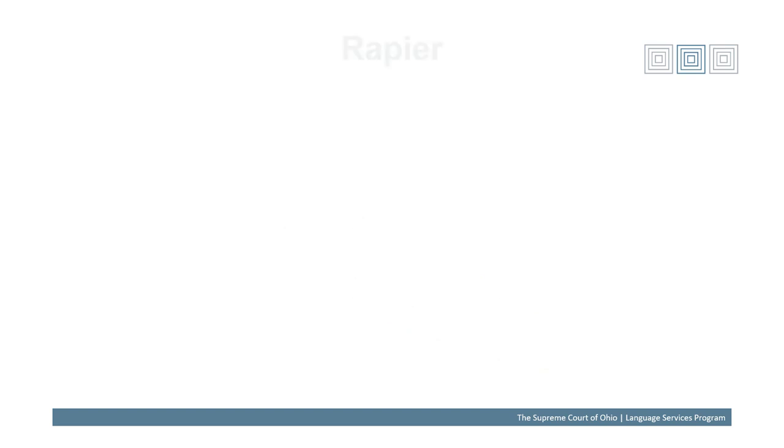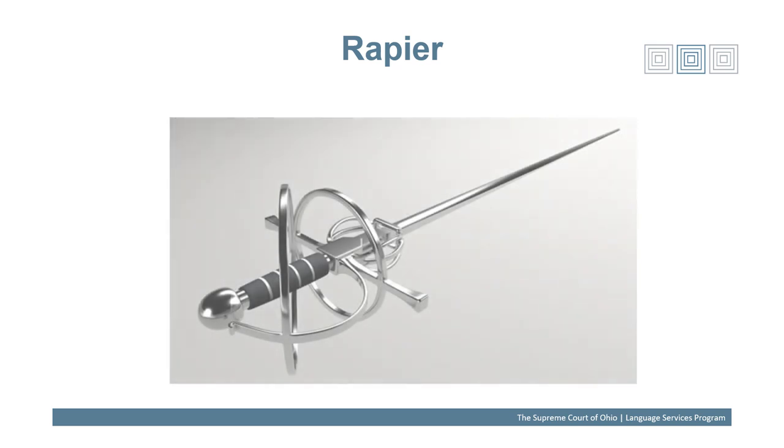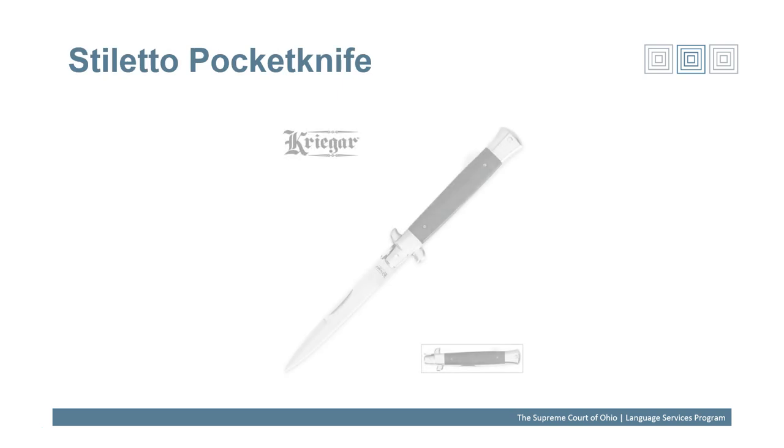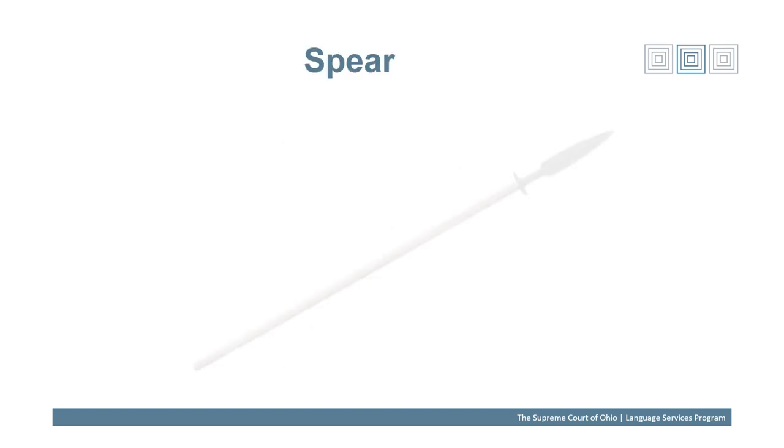This is a rapier. A stiletto pocket knife. A spear. An ice pick.